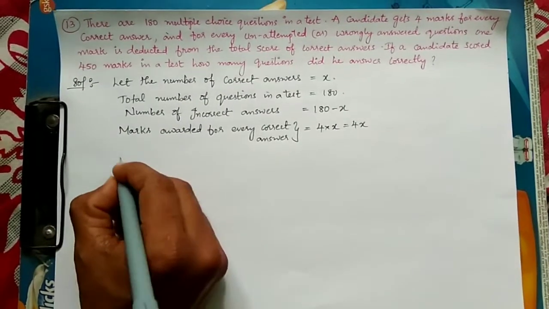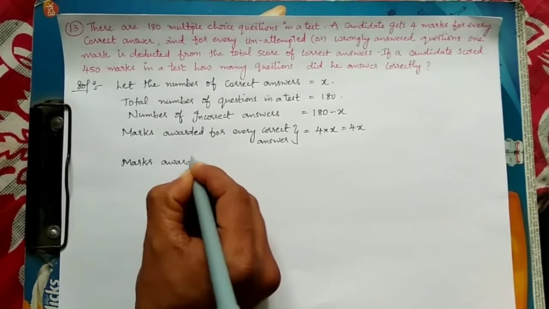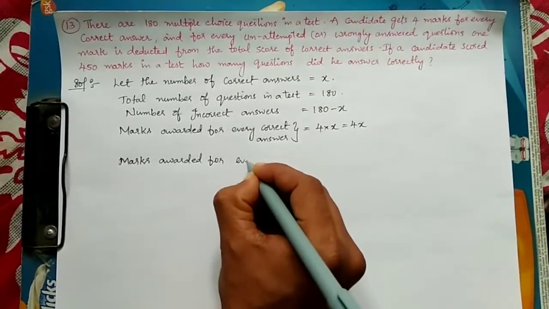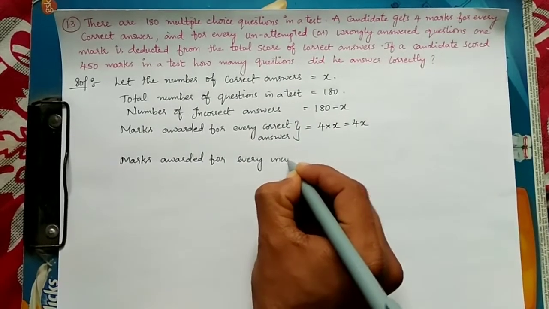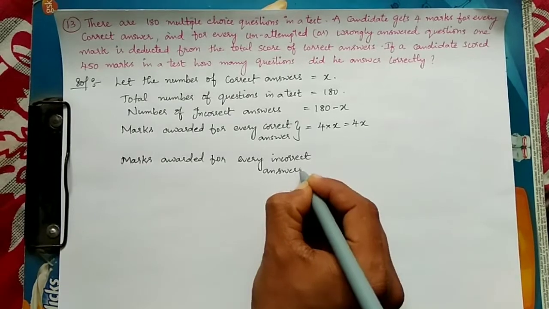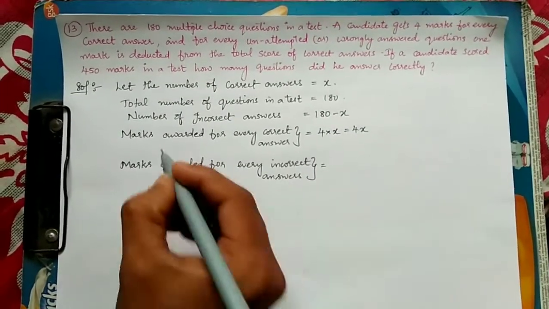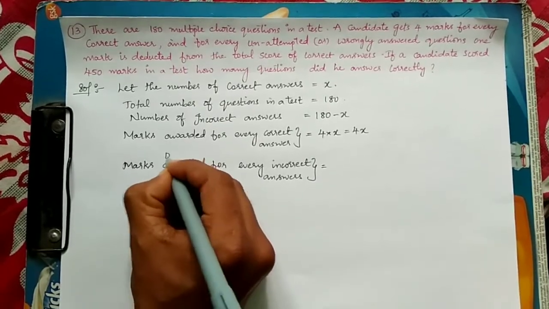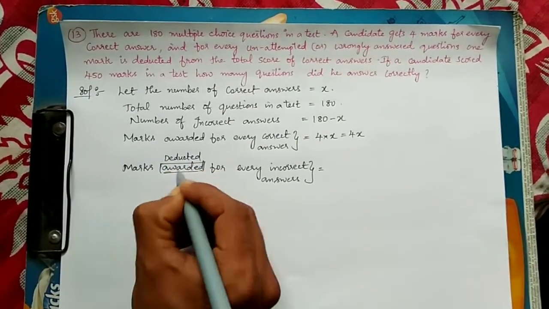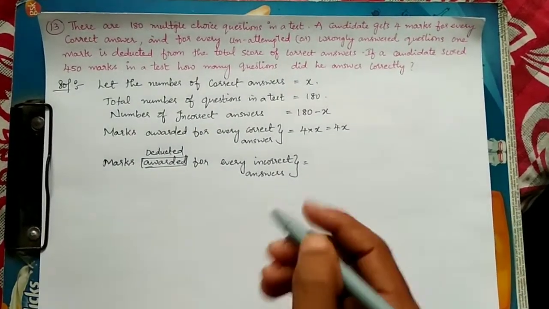Now we can write marks deducted for every incorrect answer. Marks deducted for every incorrect answer is 1 mark.